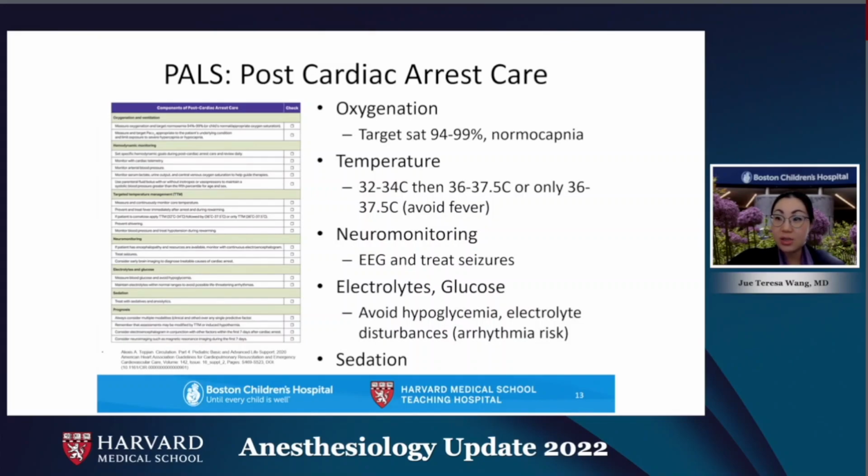If seizures are identified, anti-epileptic medications should be begun to treat the seizures. Frequent electrolyte and glucose checks should also be instituted with care to avoid hypoglycemia and electrolyte disturbances, which can increase the risk of arrhythmias. Sedation should also be given to any patient to make sure that they are comfortable.